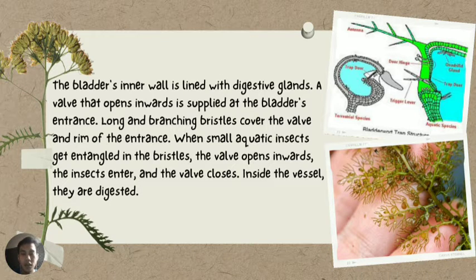Long and branching bristles cover the valve and rim of the entrance. When small aquatic insects get entangled in the bristles, the valve opens inwards, and then the insects enter, and as fast as lightning, the valve closes.